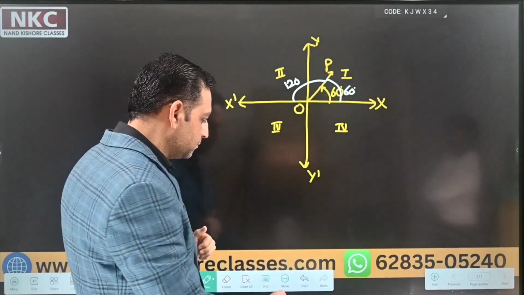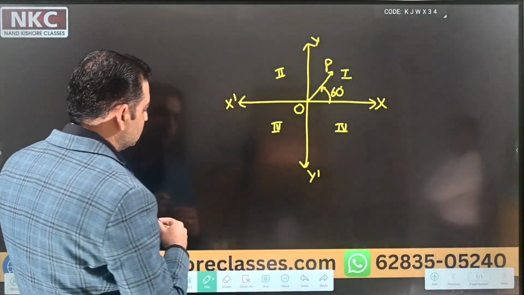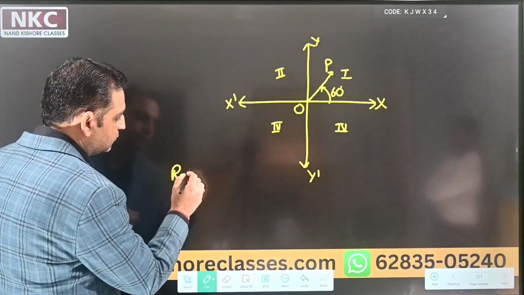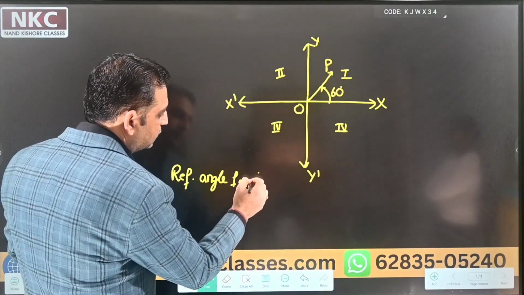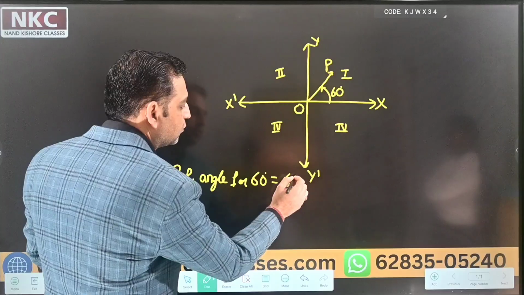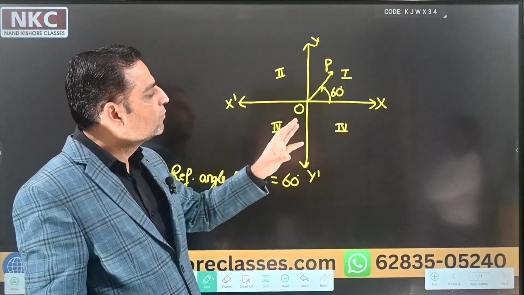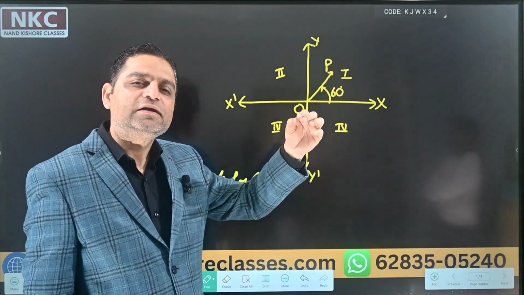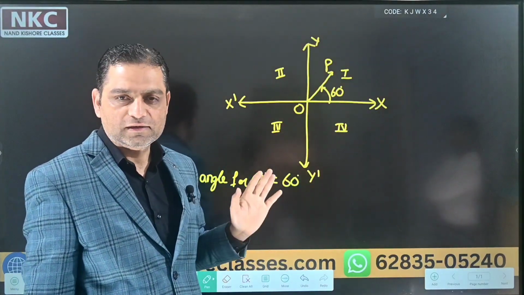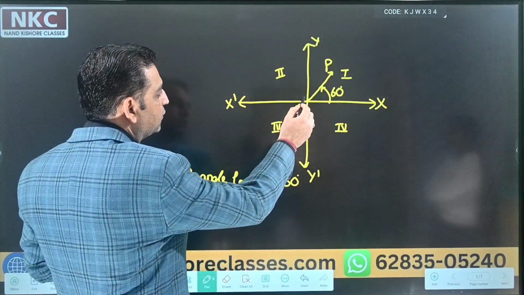I'm giving you more examples. Reference angle for 60 degree angle will be 60 degree only. Basically, in the first quadrant, whatever angle you have, the reference angle remains the same as the angle. Now, what is the change? Look at this.